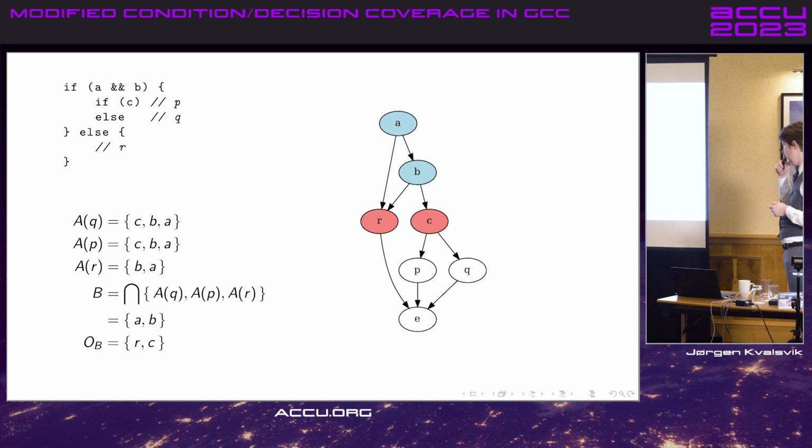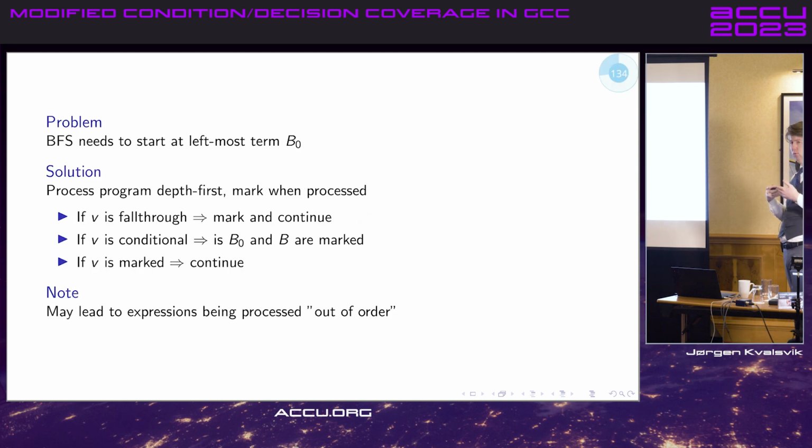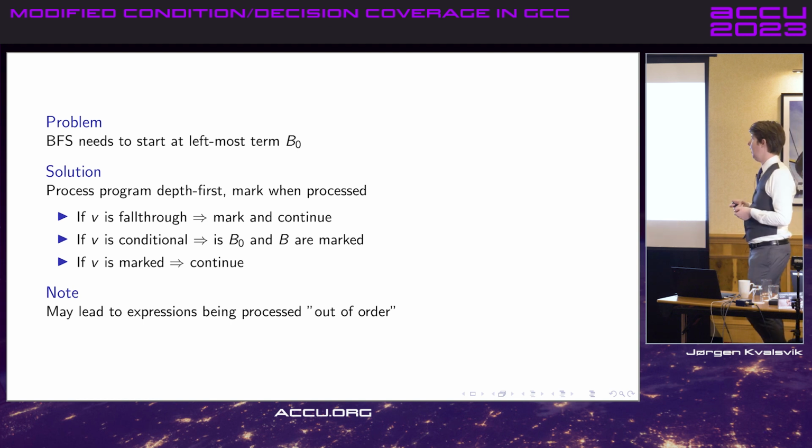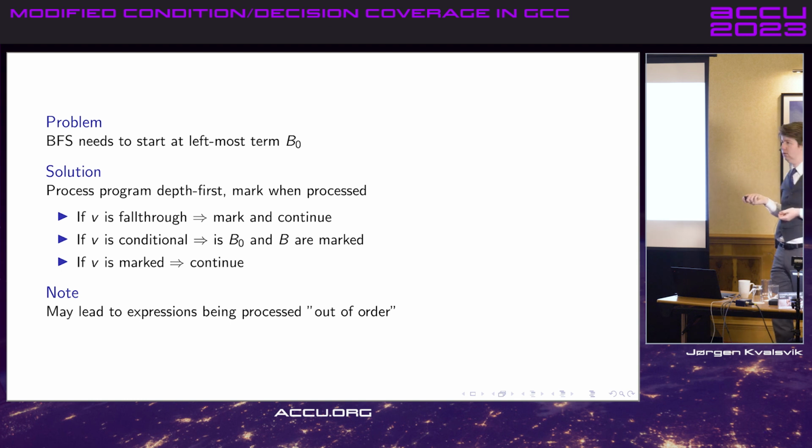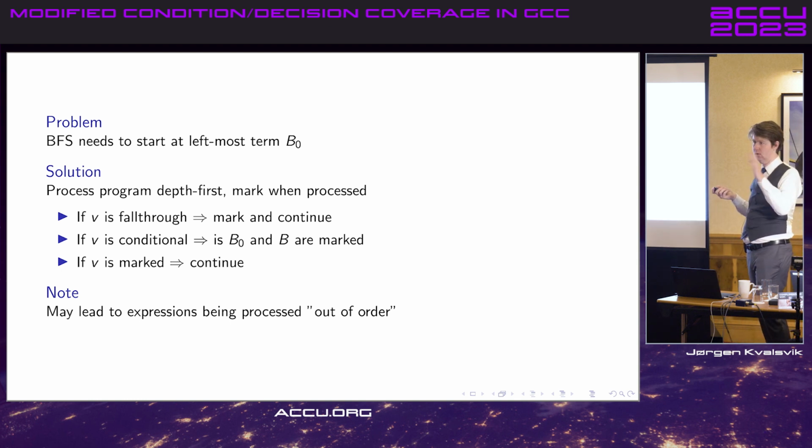There are some expressions that it will merge together, and it just isn't able to distinguish them. So this may lead to expressions being evaluated out of order, but who cares, right? That doesn't matter because it's all compile time and it still gets instrumented right.